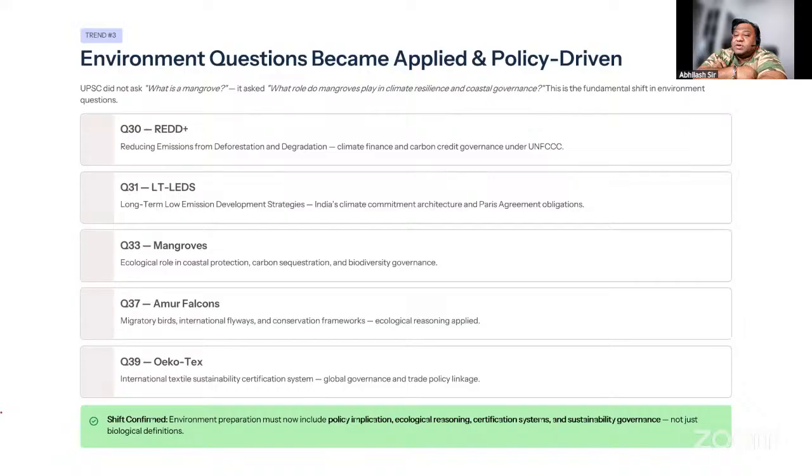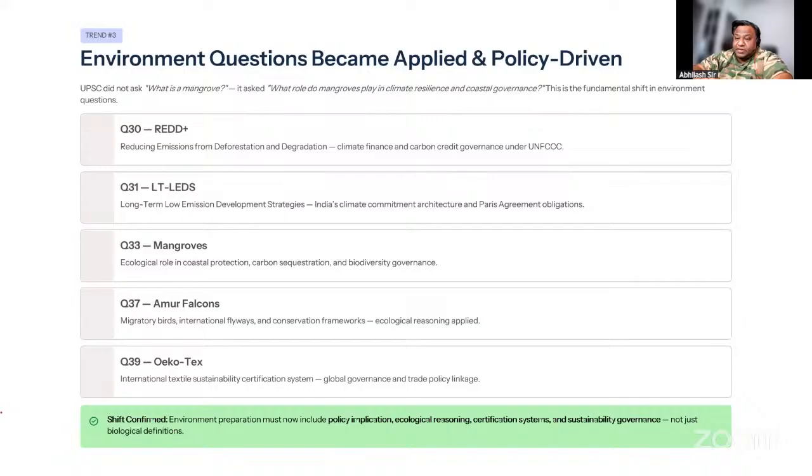Similarly, there were questions on REDD plus, reducing emissions from deforestation and degradation, climate finance and carbon credit governance under UNFCCC, then long-term low emission development strategies, India's climate commitment architecture, Paris Agreement obligations, then mangroves, Amur falcon, a migratory bird, and then OCOTEX, the International Textile Sustainability Certificate System, global governance and trade policy linkage.